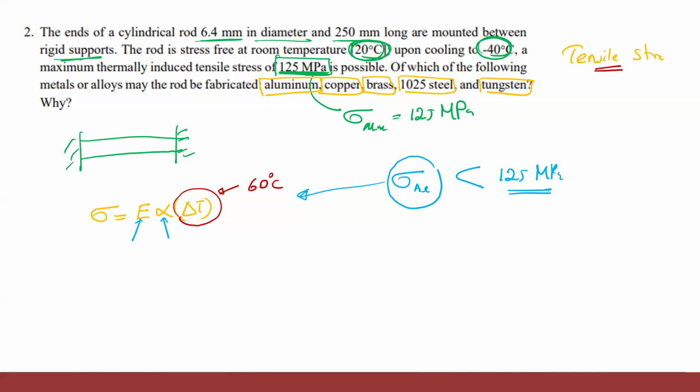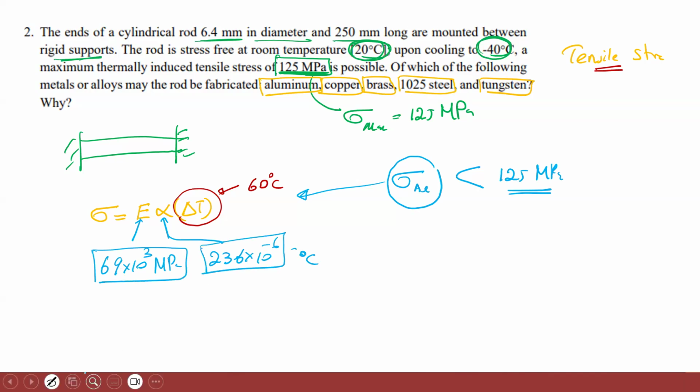Okay, so I'll give you these numbers. Let's do it with aluminium. For aluminium, E is 69 times 10 to the 3 megapascals, and alpha is 23.6 times 10 to the negative 6 per degree Celsius. So just use these two and find me the stress for aluminium. So the stress for aluminium is what?